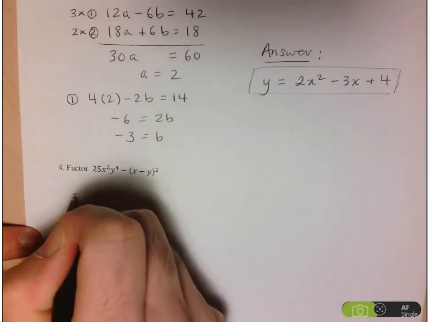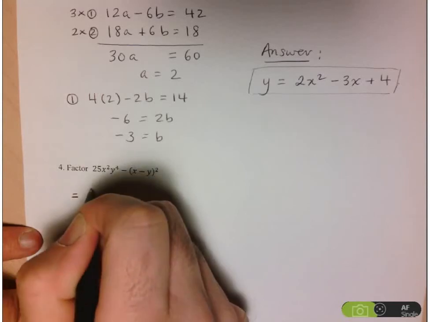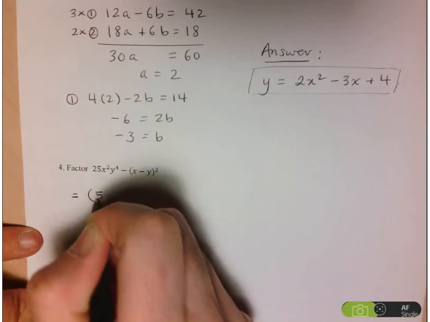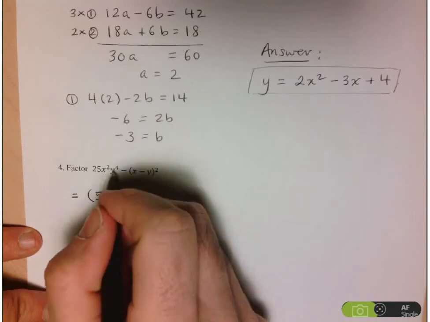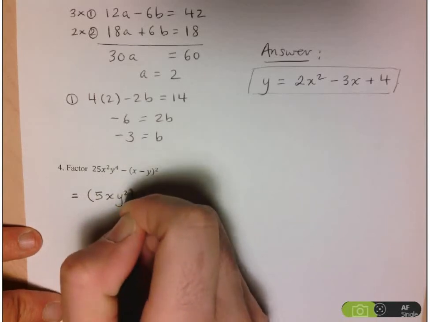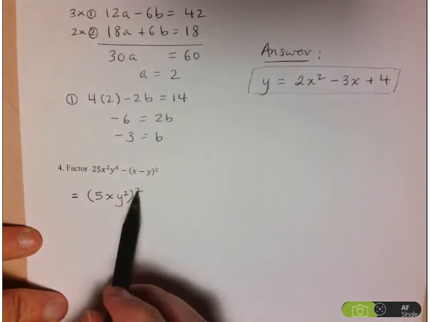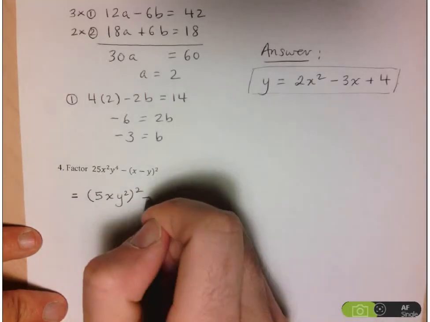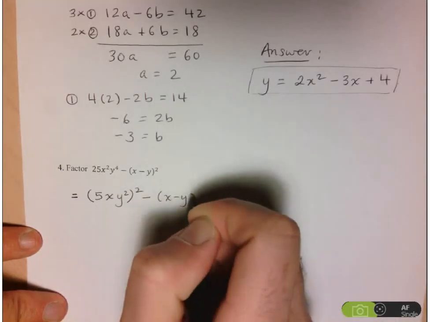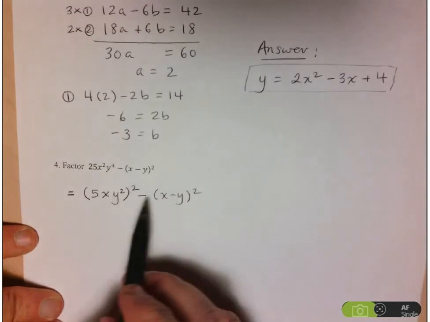Okay, so let's start by doing that. So this would be square root of 25 is 5, and then x squared, that'll just be x, and y to the 4th, that'll be y squared. And square that. So just check 25 x squared y to the 4th, and then minus x minus y squared. So I have a difference of squares.